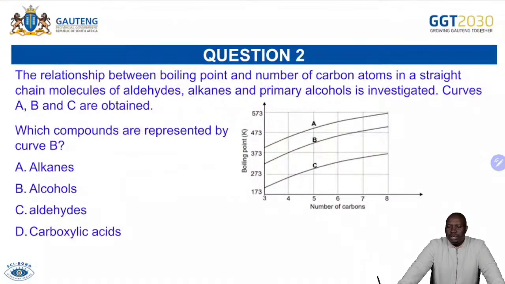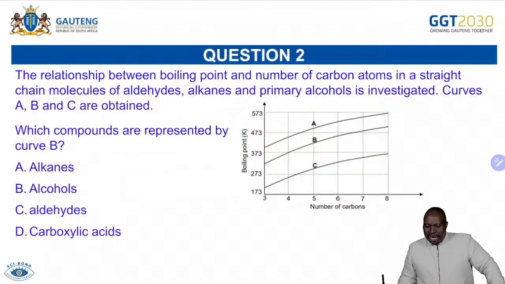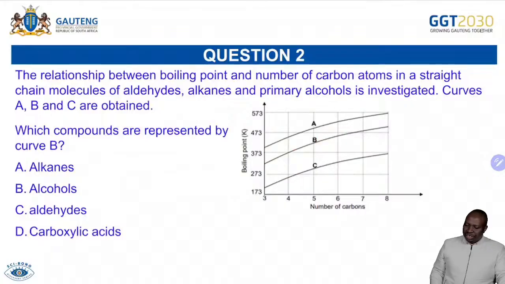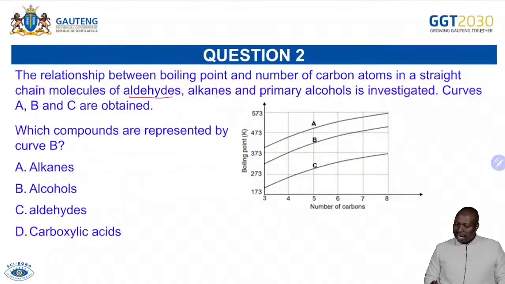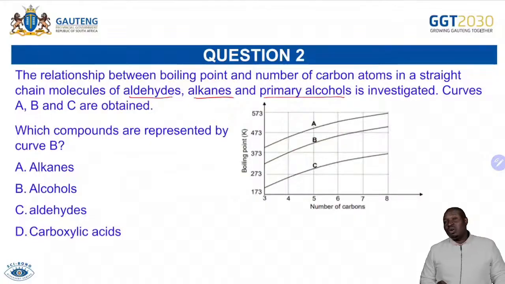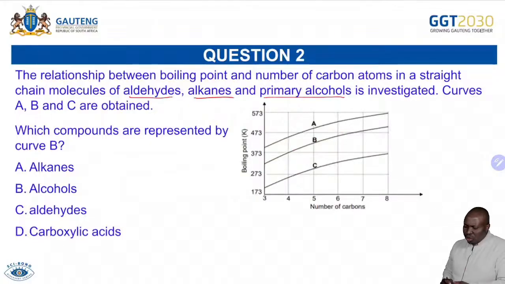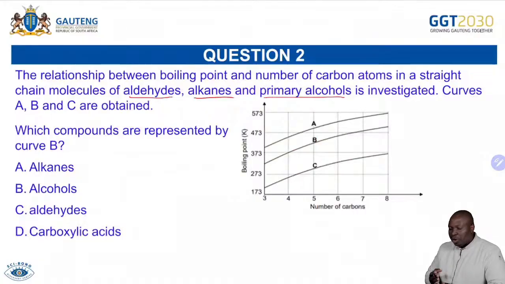The next question is on the relationship between boiling point and number of carbons in straight chain molecules of aldehydes. We're looking at aldehydes, alkanes, and primary alcohols. I always want to say to learners, immediately when you are given three homologous series like that, just arrange them in terms of increasing or decreasing strength of intermolecular force.